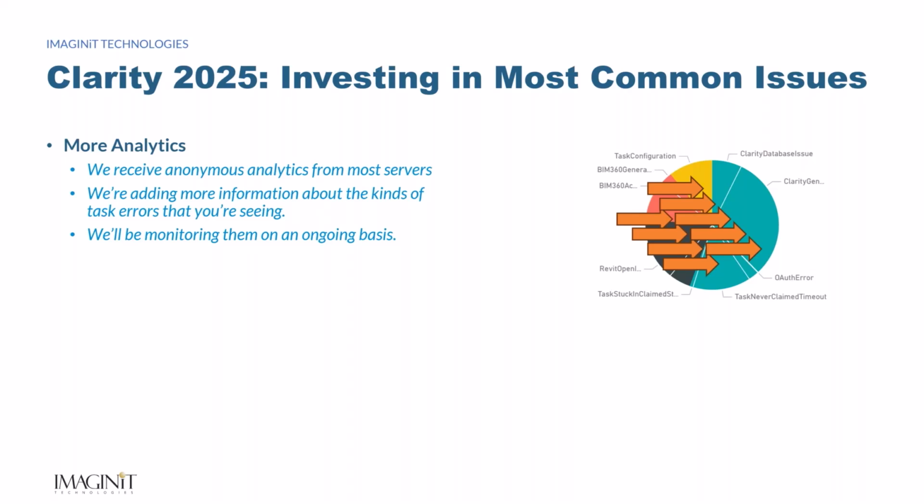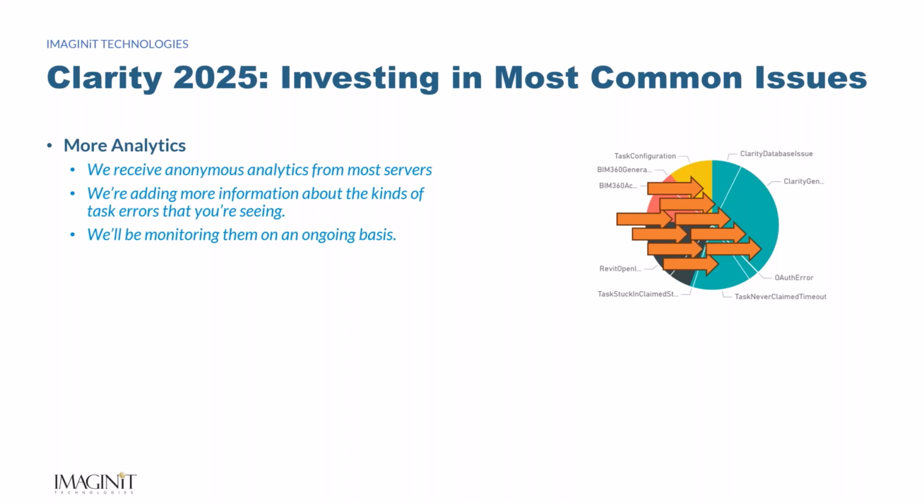Let's see. The other thing that we do is we spend a lot of time looking through anonymous analytics that get sent in by your server just to see what people are using, what kinds of tasks. And we've added in 2025 some more detailed data about the kinds of task errors that you're seeing. So nothing identifiable or anything like that, just the categorization of the errors that you're seeing.